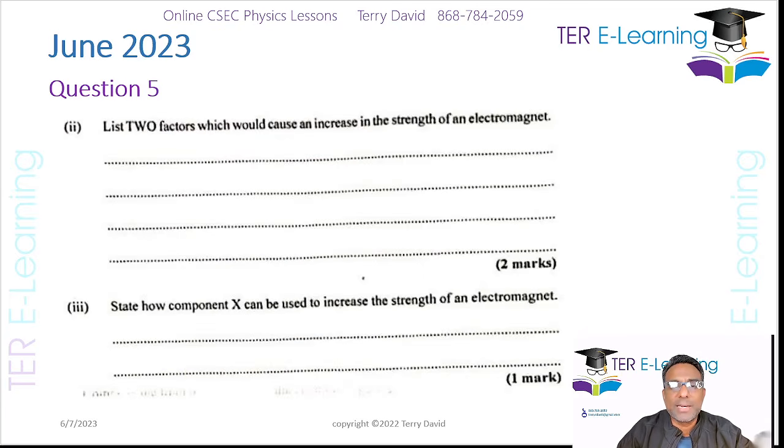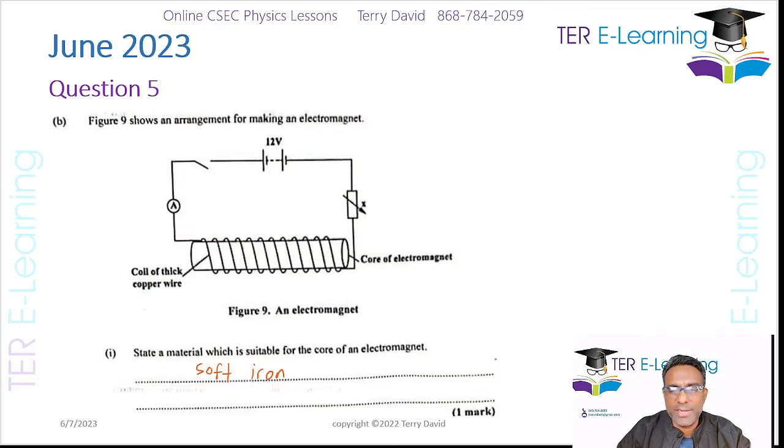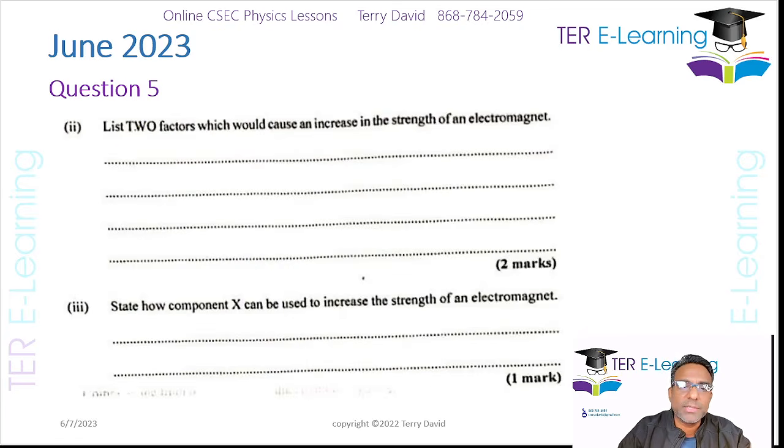List 2 factors which would cause an increase in the strength of the electromagnet. If you want to increase the strength of the electromagnet, what you can do is adjust the variable resistor so that we have more current, so we can increase the current in the coil.